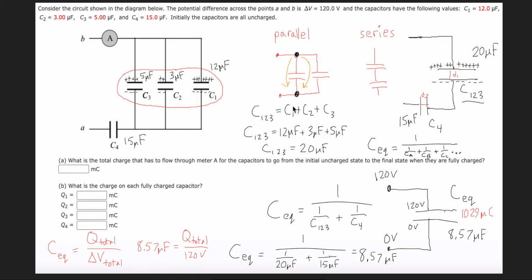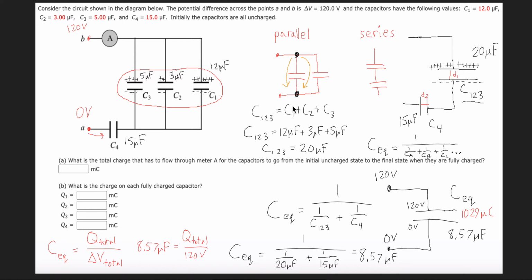Now we would work our way backwards to figure out how much charge would be on each of the capacitors, right? But one thing's for sure. If this is your negative terminal and this is your positive terminal, then the only way that charge can flow into this circuit is onto the left plate of C4.